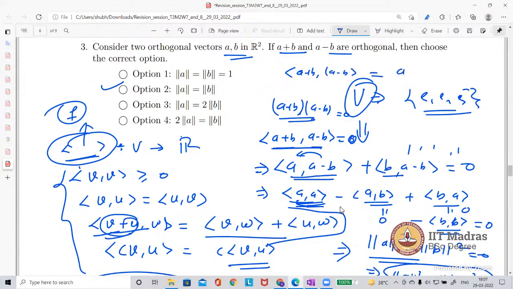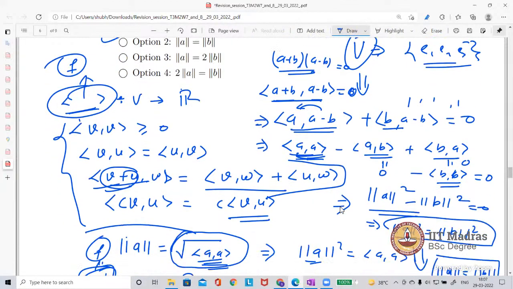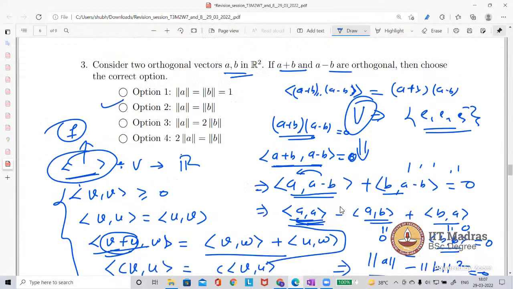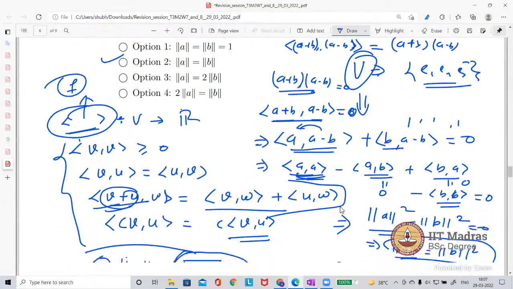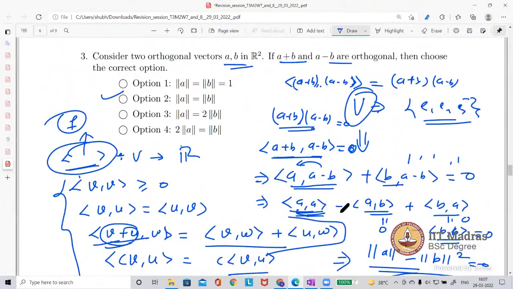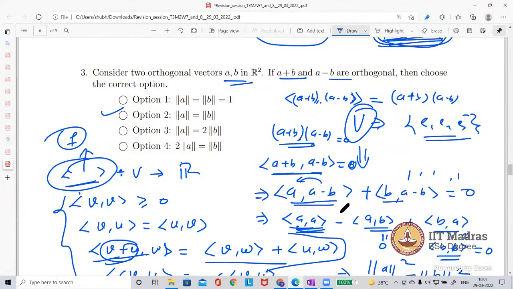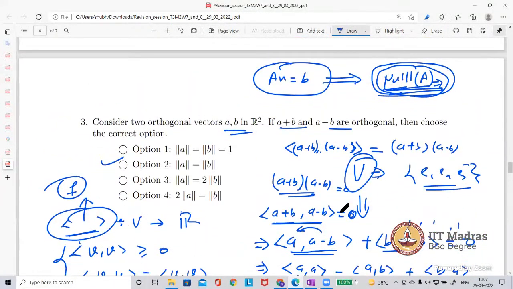This implies A plus B into A minus B. There is no relation like this in the inner product. We have to expand by the inner product, then you are able to do it, right? So it is by fluke it is coming, by chance. Without components we cannot do it. Correct. So here the second option is correct, and the first option is not correct, right?